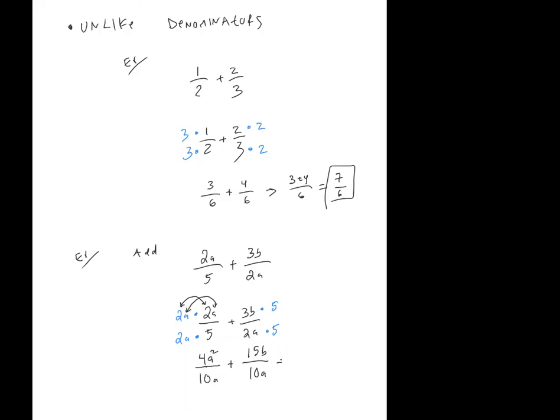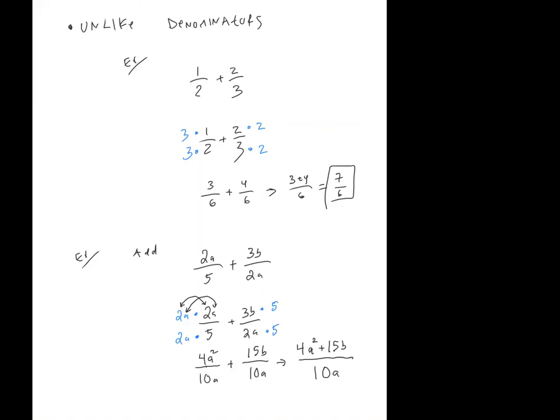So now from there, the top is 4a squared plus 15b over 10a. Can we reduce this any further? Remember, before we decide to claim a solution, we want to see if it can be reduced any further.